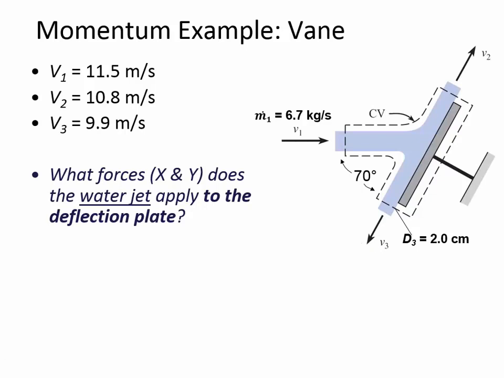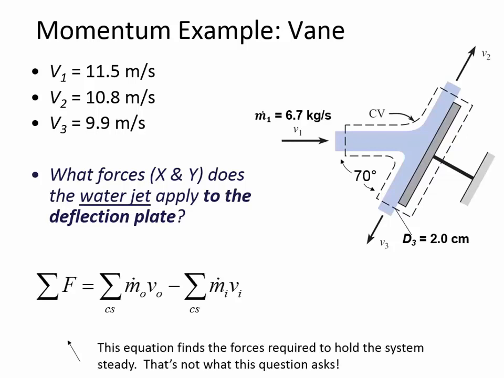Now, this problem is asking what forces in the x and y direction the water jet applies to the deflection plate. So how does that interact with the formula that we've seen before? Remember, the force required to hold the system steady.